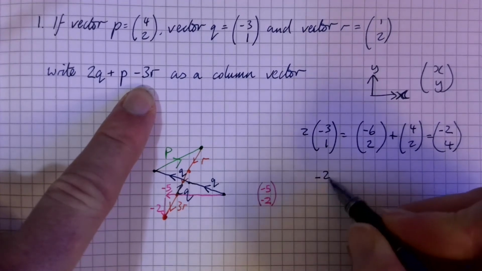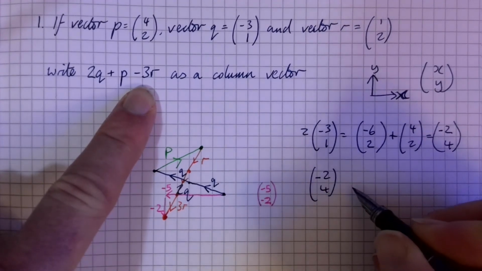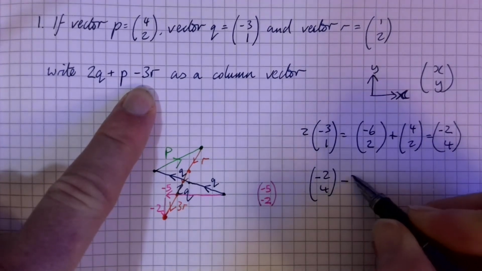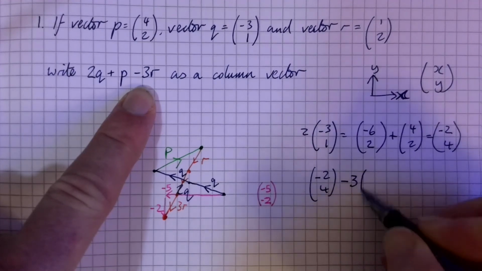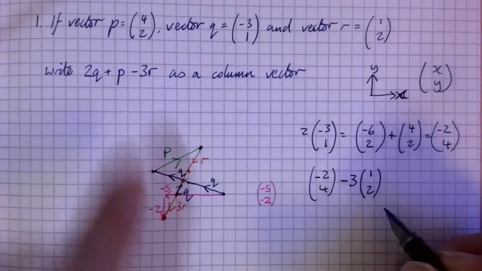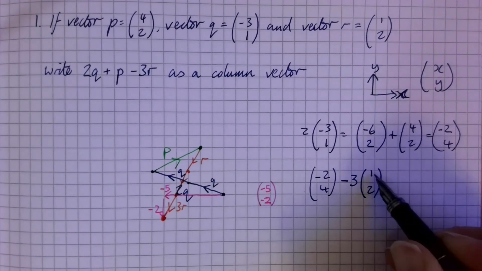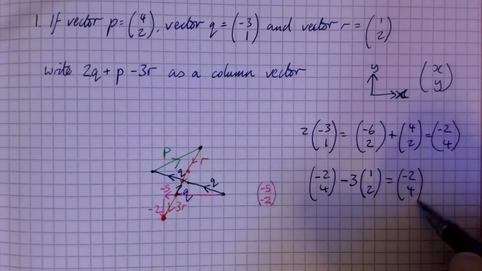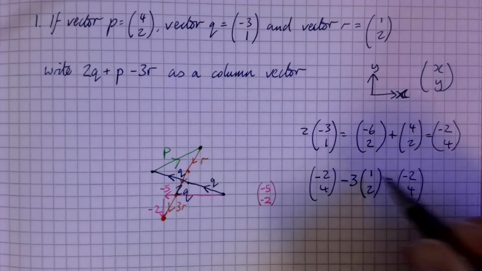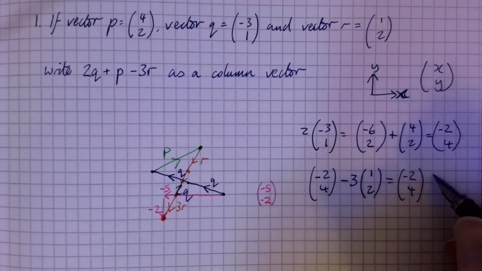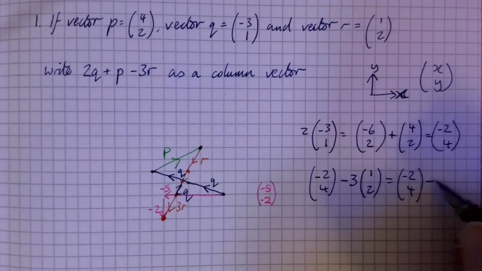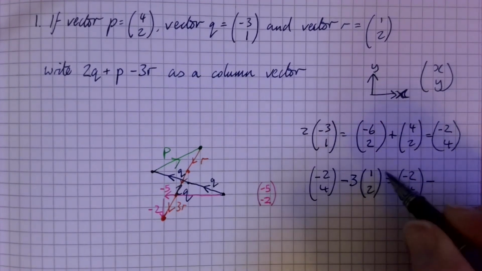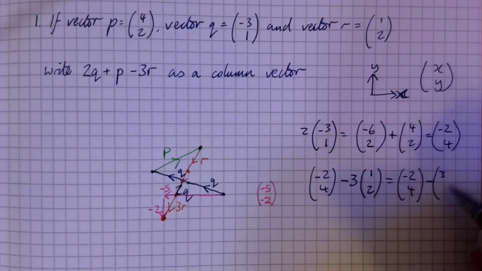So I've got my minus 2, 4, which is where I've got to, and if I just write minus 3 and the r there, I'm going to times all of this by 3. So I've still got my minus 2, 4, and 3 ones, negative 3 times, or I could just keep the minus there, 3 times 1 is 3, 3 times 2 is 6.